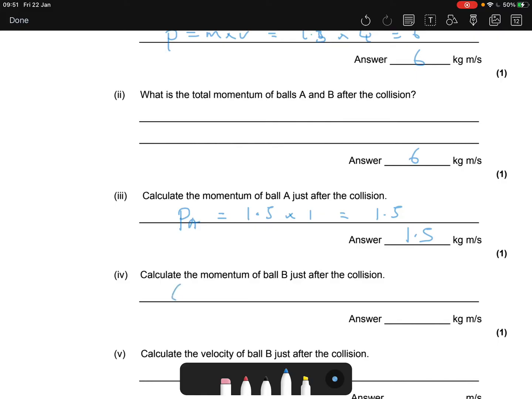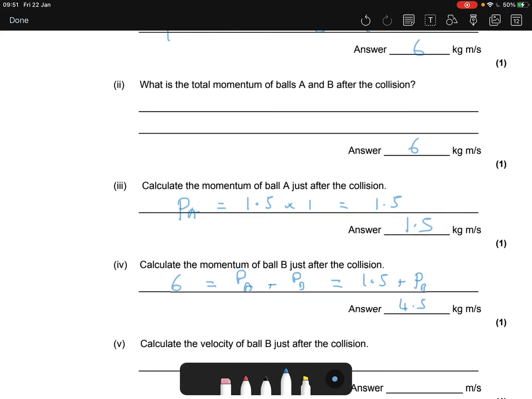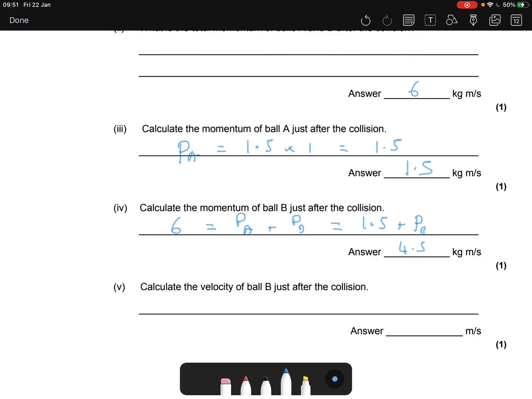Calculate the momentum of ball B just after the collision. Momentum is conserved. So what I know is that 6 has got to equal the momentum of A plus the momentum of B, so 6 equals 1.5 plus the momentum of B. And hopefully from that it's clear that therefore B is 4.5 kilogram meters per second.